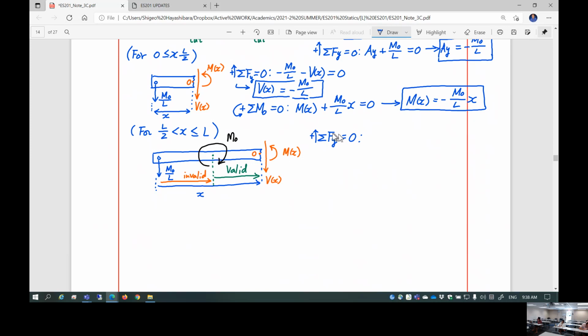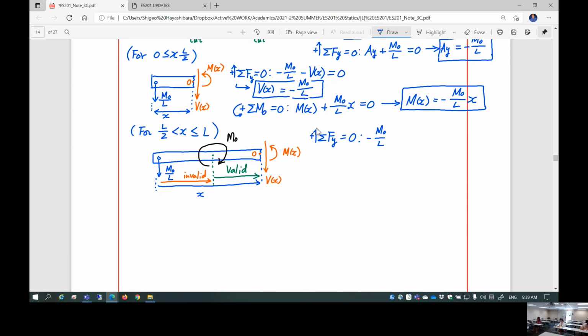I appreciate that. Okay, summation of the force in Y direction set equal to 0. So this is negative M0 over L. Go ahead. Doesn't that mean it has to be L over 2 less than or equal to X for the range? Otherwise, it wouldn't include that point moment.